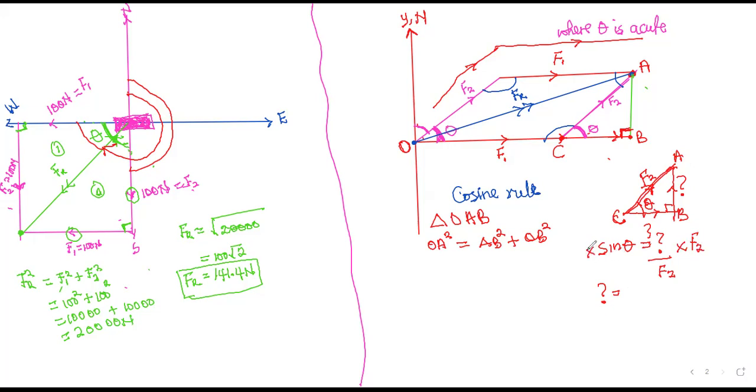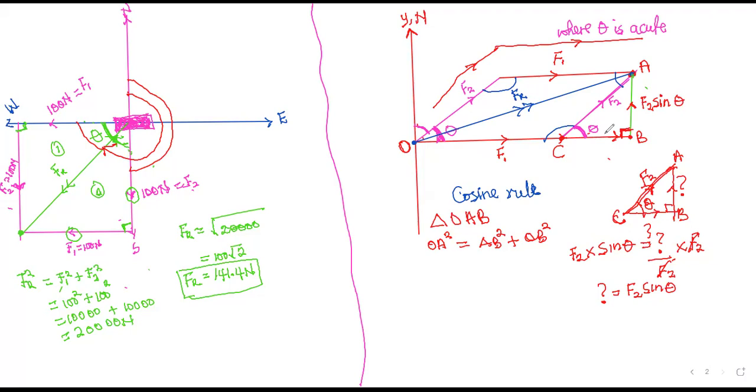So times F2, this cancels out, and I'll have the opposite, which is unknown, to be F2 times sine theta. So for this force and the angle, the vertical component is F2 sine theta. Class, are you okay with this?